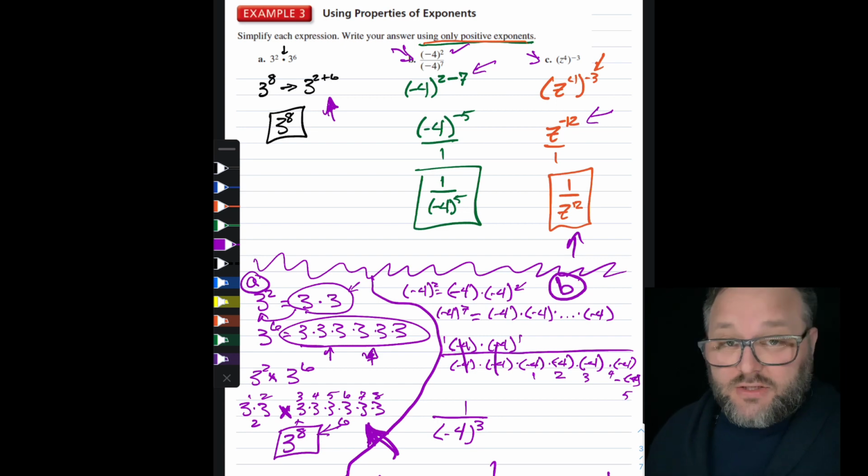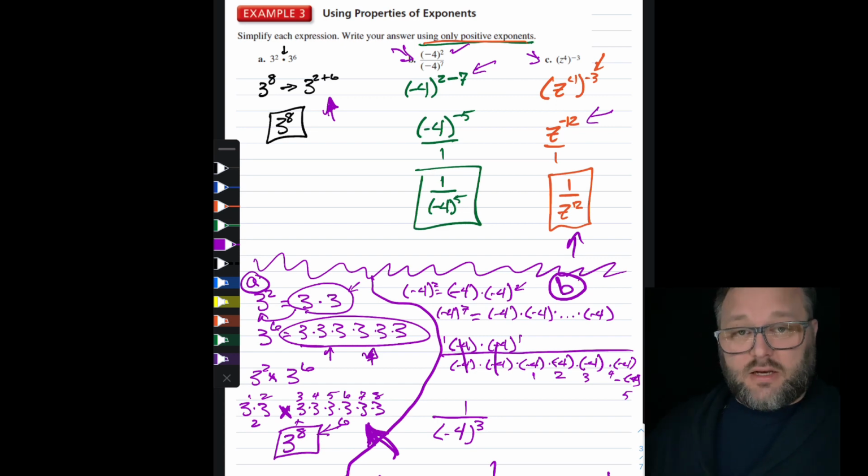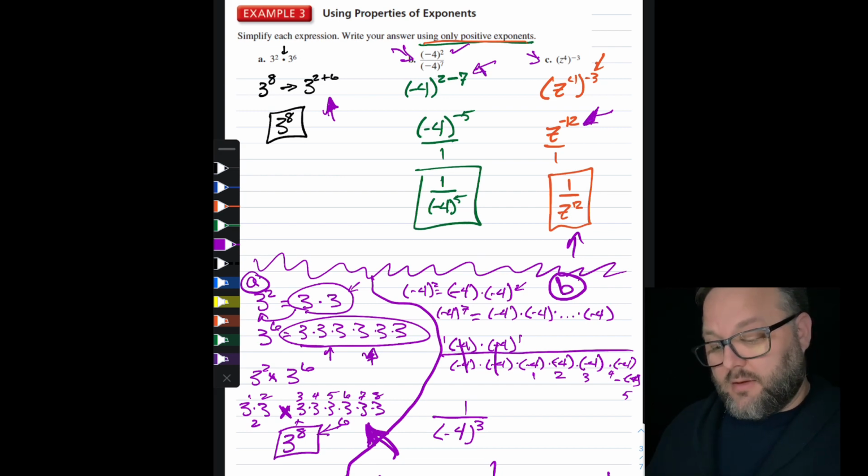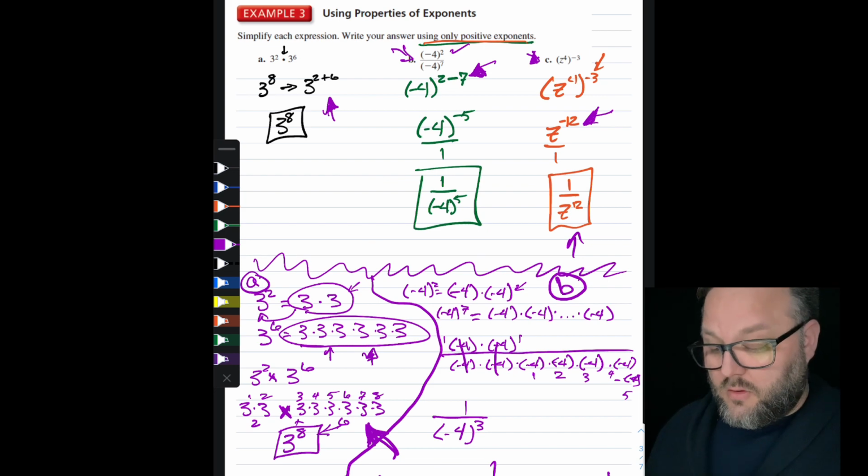This, again, was an extra video, so I'm still glad to talk about it, but this is more of a mindset and understanding of it. The real trick is getting to know the properties so that when you see a base or a like base to different exponents or even the same, you just add the powers. When you're dividing, you subtract them. And when you got a power to a power, you multiply those powers.